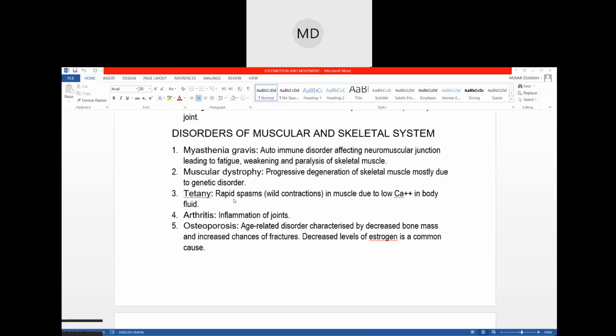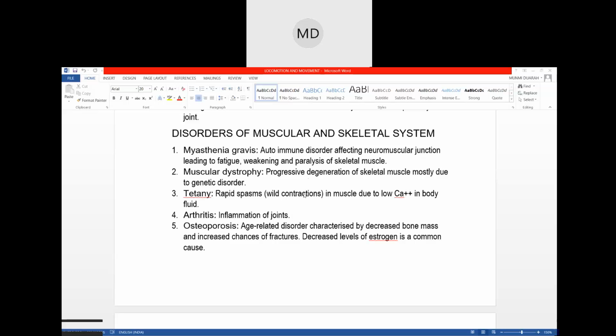Then there is tetany. When people suffer from tetany, they have wild contractions, that is, spasms. You will have a sudden contraction of the muscle, and then it will ache like anything.